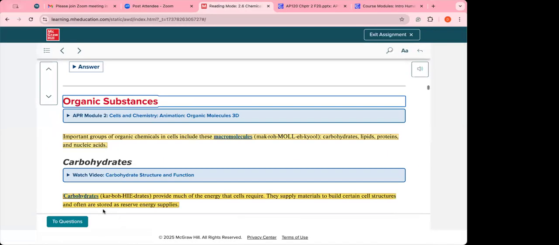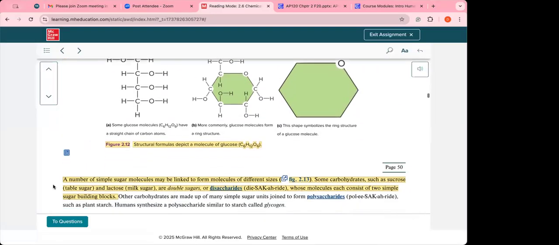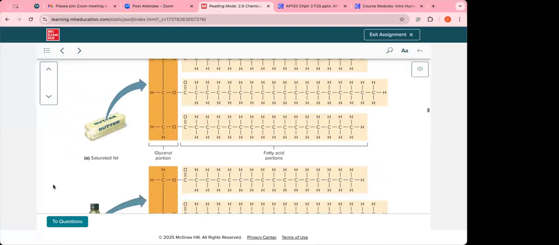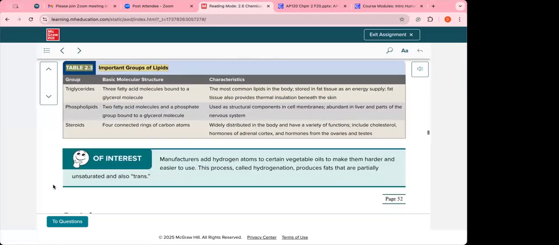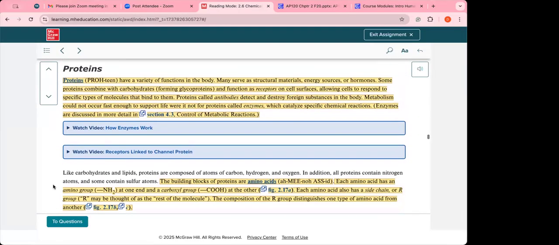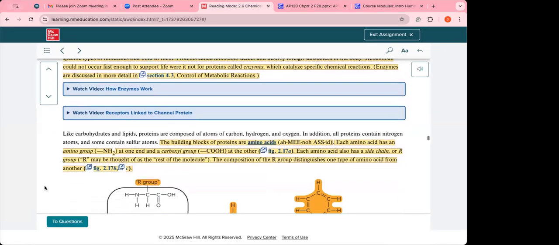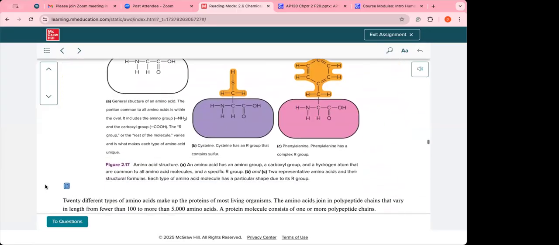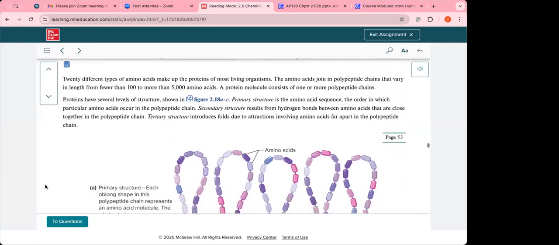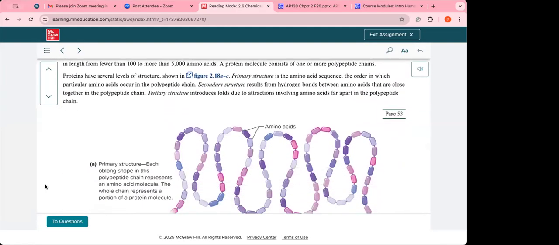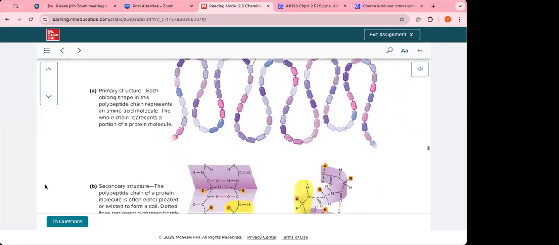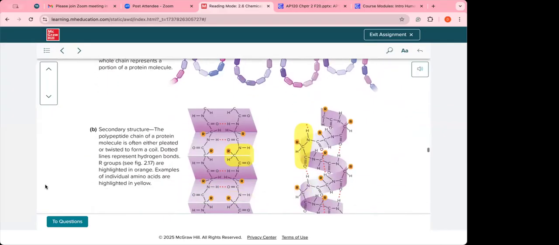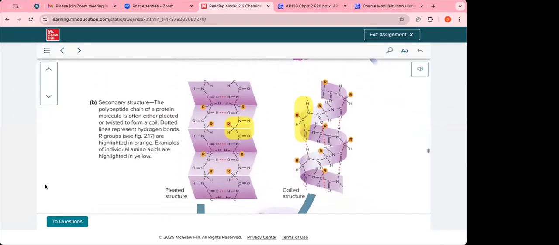So let's go to proteins and let's look for the picture of the protein. We're still on lipids. Okay, we're getting warmer. Keep going. We need to find the picture of our, okay, there's our amino acids. That's what they look like. Okay, I think we're getting warmer right here. So which picture looks like ours?